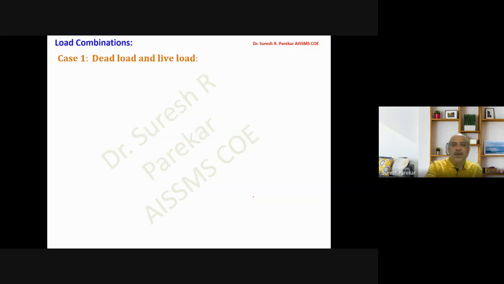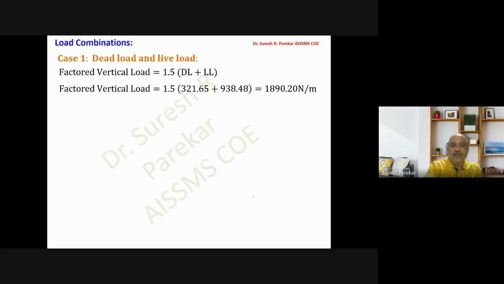Now we have load combinations, first dead load and live load. We have to consider factored values, and then we got it as 1890.2 Newton per meter, so 1.89 kilonewton per meter. Now try to understand this. We have the I section in this fashion, and this dead load and live load are vertical loads.